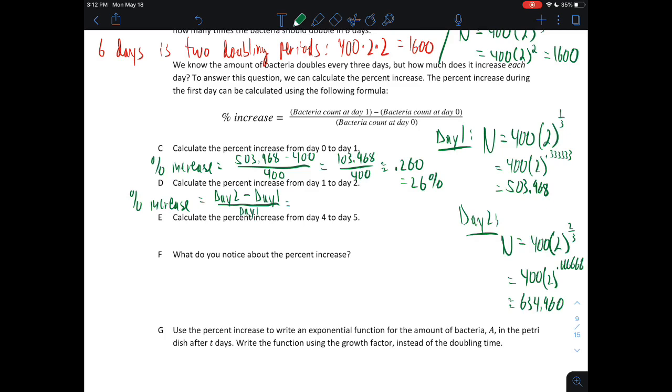So this gives me 634.960 minus 503.968 divided by what we started with in day 1, 503.968. So first 634.960 minus 503.968. That gives me a difference of 130.992.